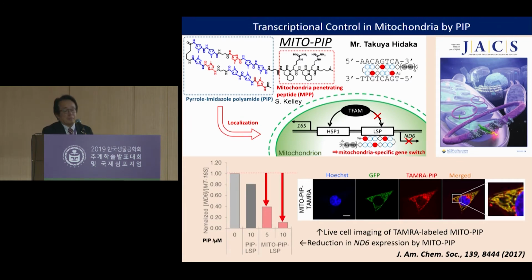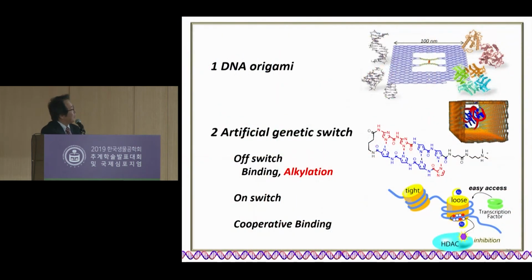So polyamide can be used to control mitochondrial gene expression too. So let me move to alkylation, the off-switch by alkylation.